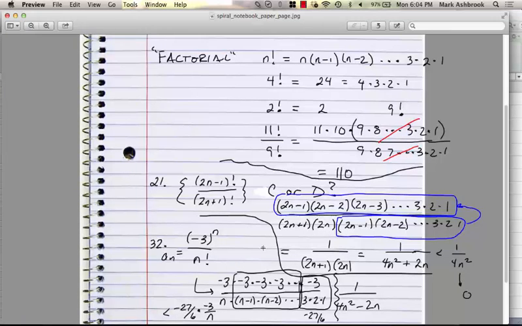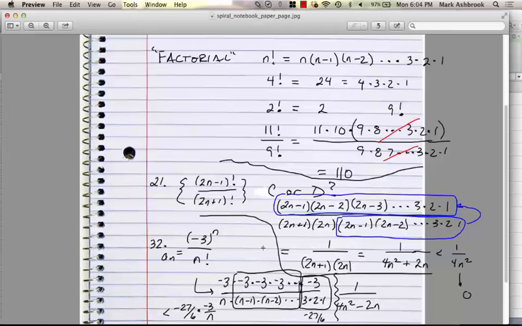So this is going to converge because we know that converges, right? That will go to 0, and then that's just a constant. And that thing goes to 0. And what we have is less than that, or closer to 0. The absolute value is less than that, because all these terms in between are going to make this even smaller than that. Because it's negative 3 over a number whose magnitude is bigger than negative 3.